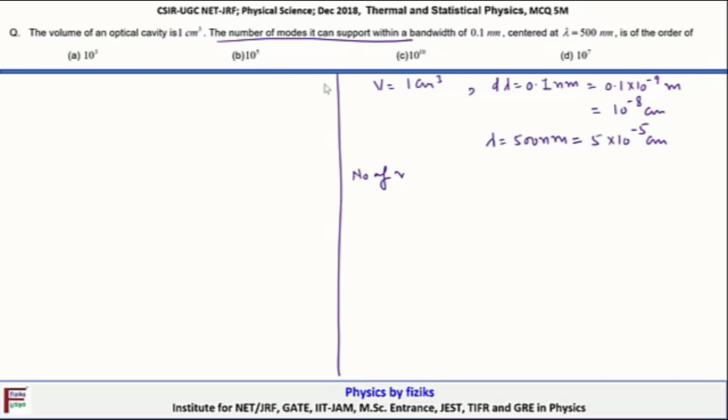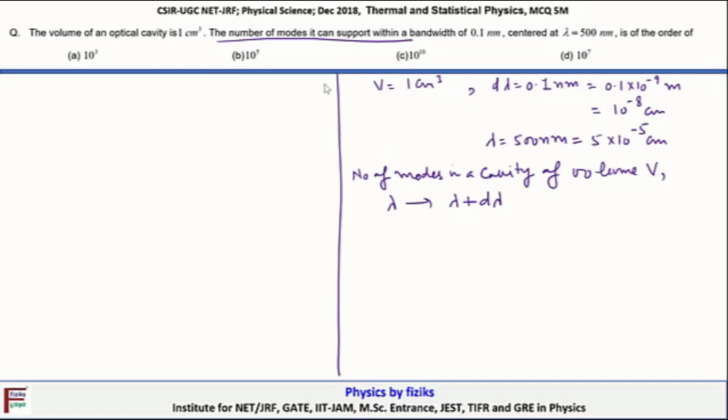Basically, the number of modes in a cavity of volume V in the wavelength range from lambda to lambda plus d lambda.